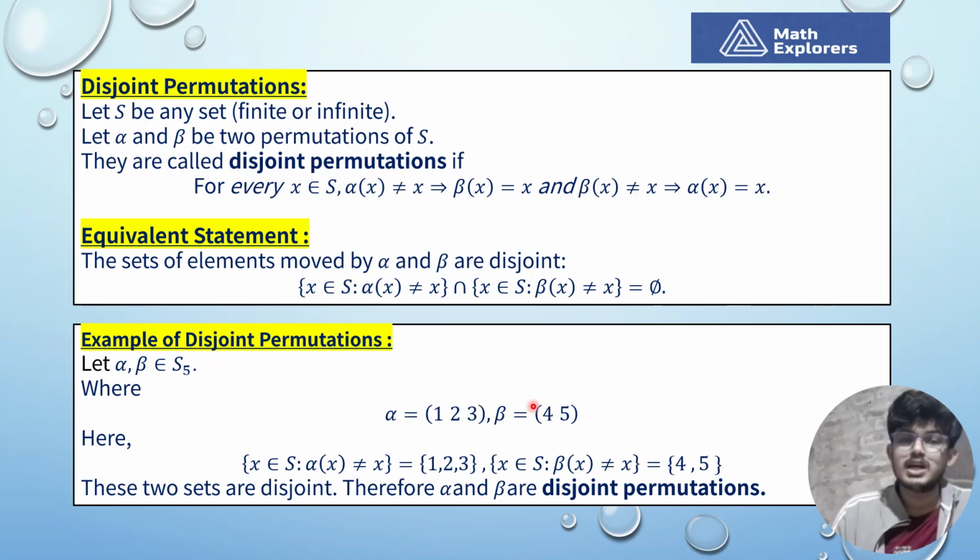That means the permutations are disjoint permutations. Clear? Next.